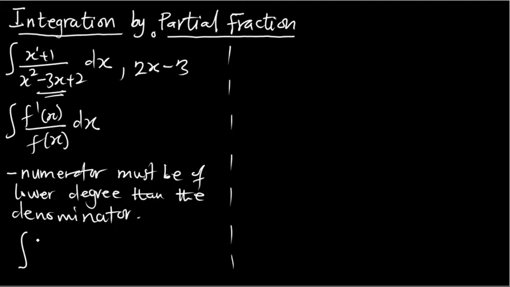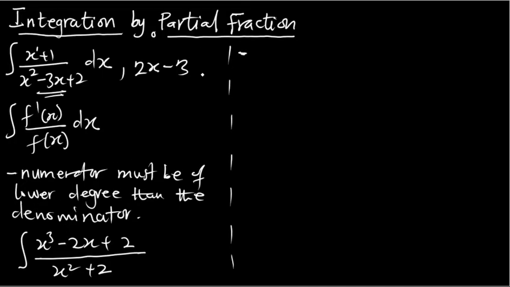For example, if we have x³ − 2x + 2 on, let's say, x² + 2, the numerator has a greater power than the denominator. So we use long division to reduce the power of the numerator. Are we okay? We will tackle questions like this.